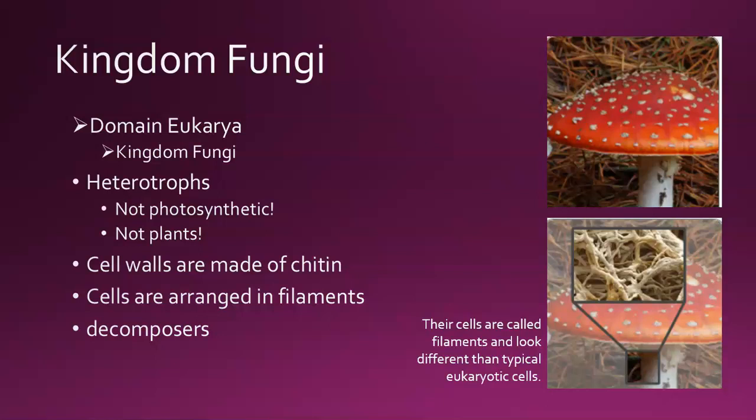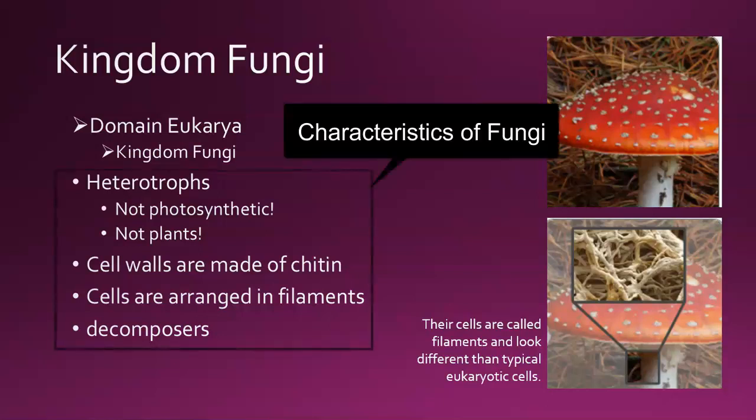They break down and absorb nutrients in their environment, and they have thread-like single-cell filaments that grow through their environment. They look very different from one another, but they do share several basic characteristics. And those shared characteristics are that they are heterotrophs, which means they're not going to perform photosynthesis.